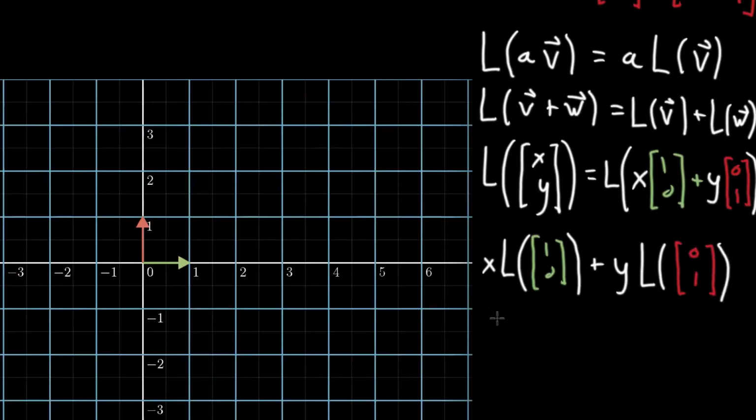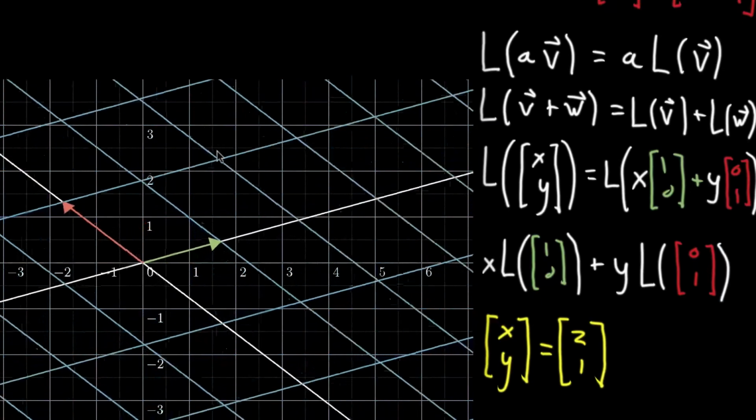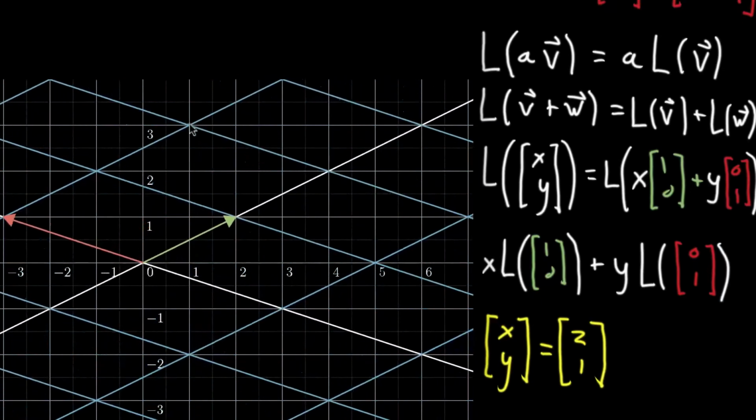So to be concrete, let's actually put in a value for x and y here and try to think about that specific vector geometrically. So maybe I'll put in something like the vector 2, 1. So if we look over on the grid, we're going to be focusing on the point that's over here at 2, 1. And I'm going to play the transformation, and I want you to follow this point to see where it lands. And it's going to end up over here.